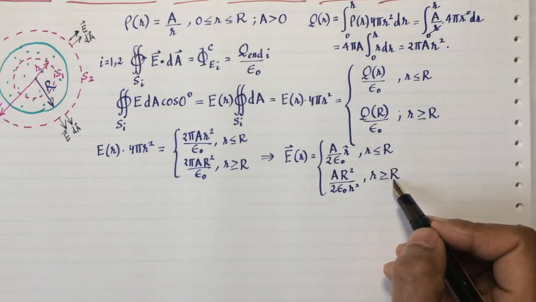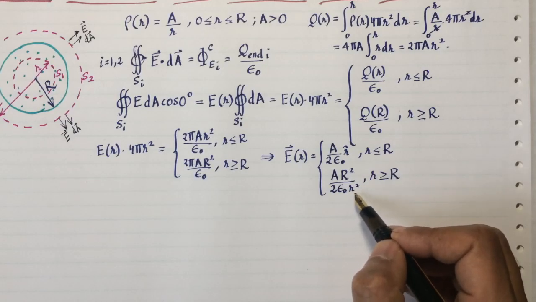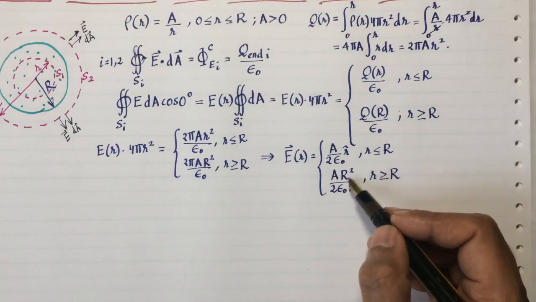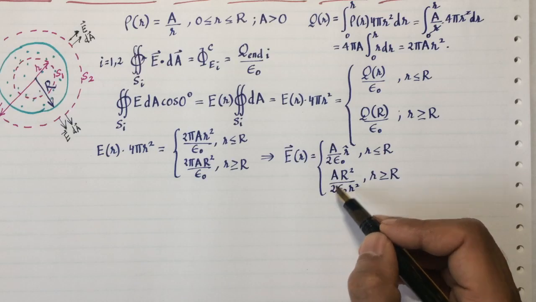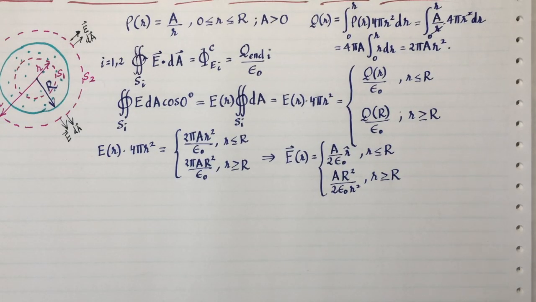At r equals R, I'll have the numerator with capital R squared and the denominator with also capital R squared, so the R squareds cancel out and I get A over 2 epsilon naught, which is the same as that. So it does indeed agree at the boundary.